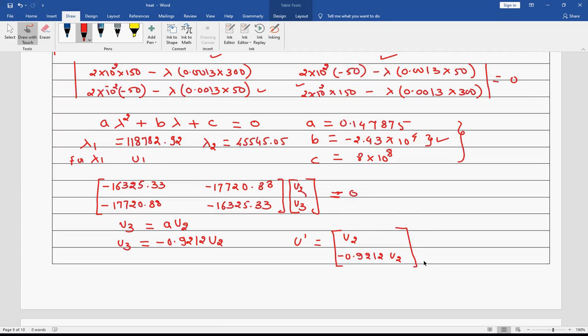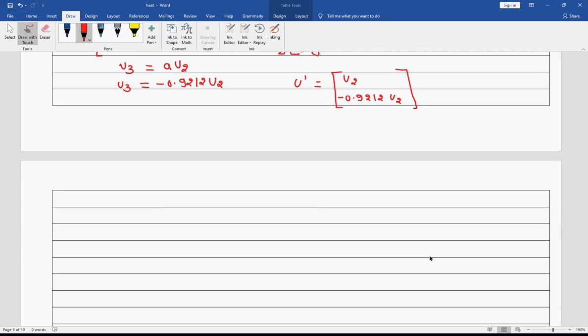So this is my U1 matrix. Okay, now this is orthogonal to the mass matrix. So that means now U1 transpose M U1 should be equal to 1.